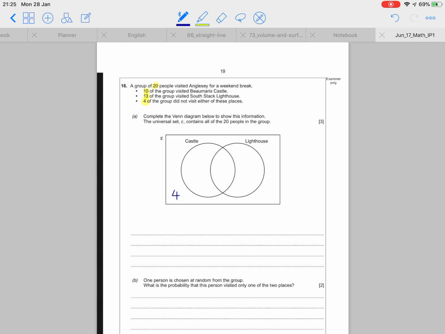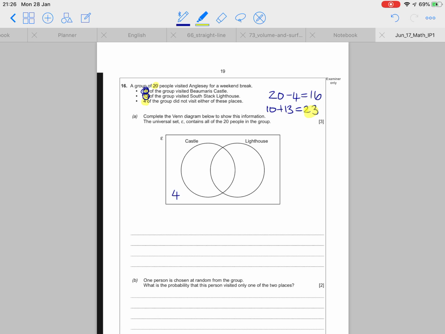So if there's 4 people outside, the 2 circles must come to a total of 16. Because if I take away the 4 people that are outside, the people who visited the castle and the lighthouse actually comes to a total of 16. But if I add up the castle and the lighthouse visitors, that comes to 23.